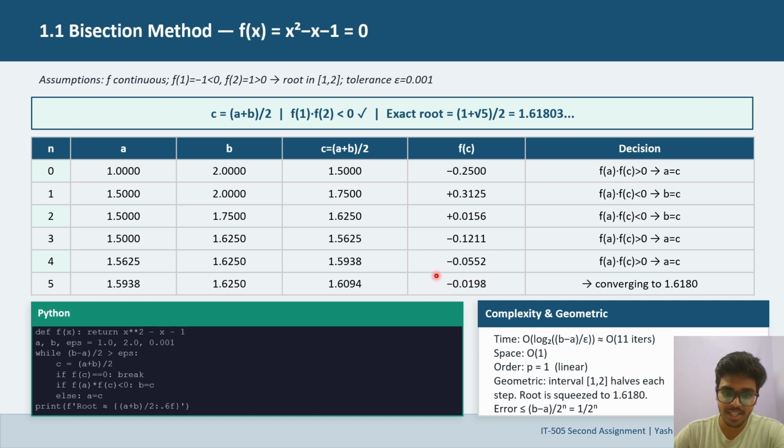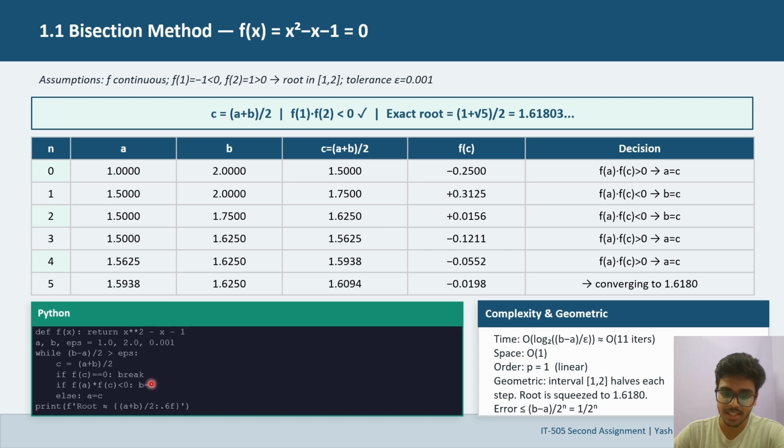The error after n steps is at most (b − a)/2ⁿ, which is 1/2¹¹, about 0.0005. The Python code: here we define f(x), set a to 1, b to 2, while the half interval is bigger than epsilon, compute c = (a + b)/2. If f(a) times f(c) is negative, set b to c, otherwise set a to c, and print the root.